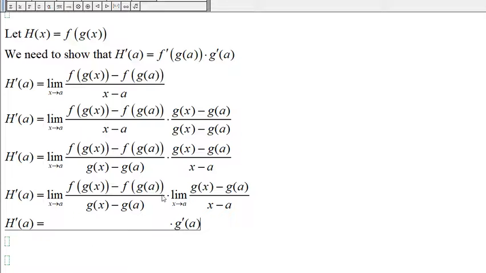And this other one is the same thing, except that instead of a, we have g of a, so this will be f prime of g of a.